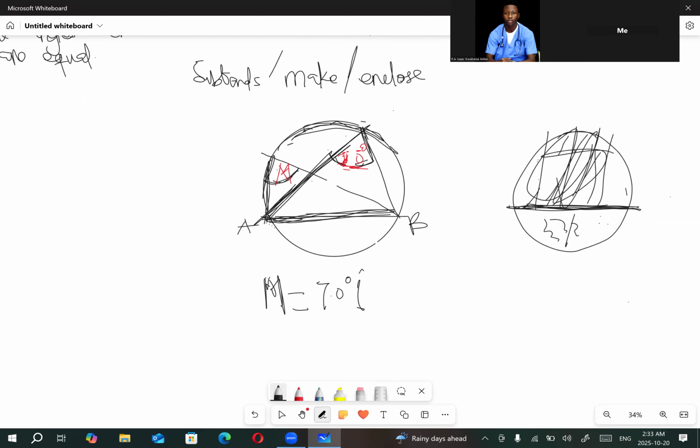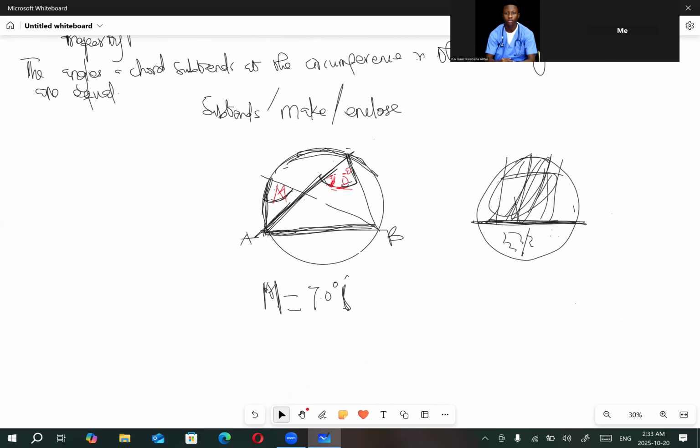And your reason will be, you write the whole property, that the angles a chord subtends at the circumference at one place are equal. Is that okay?